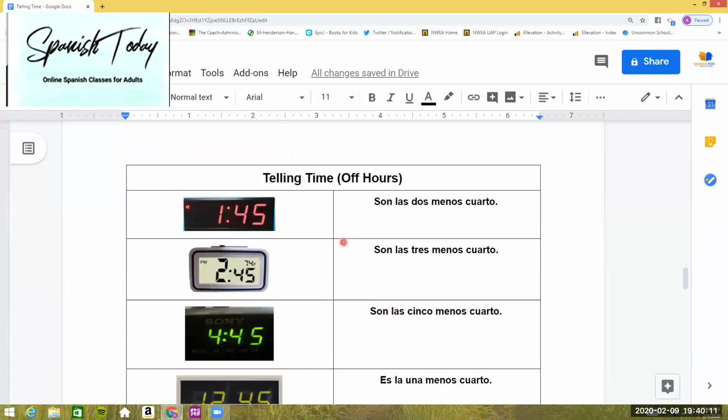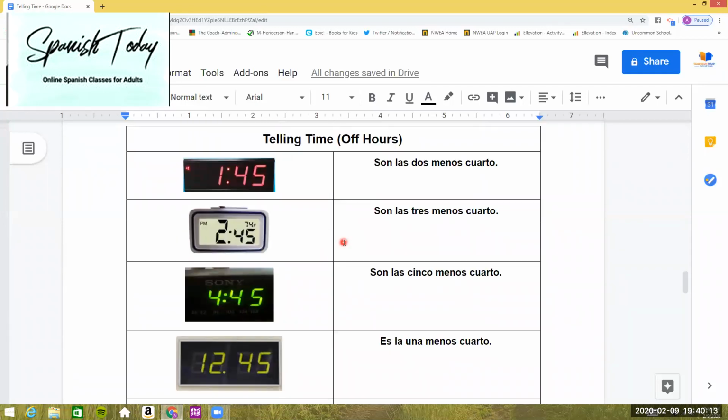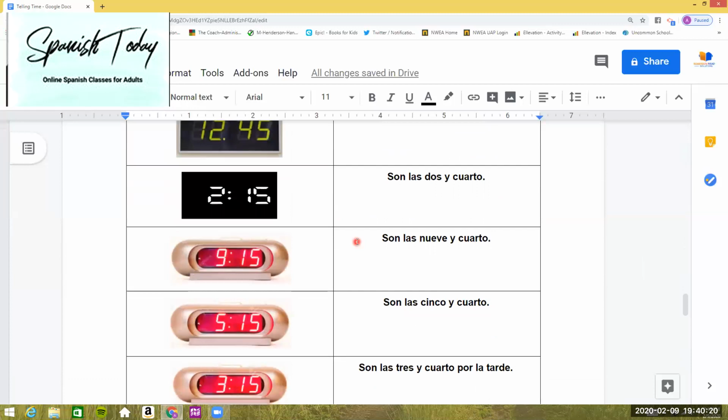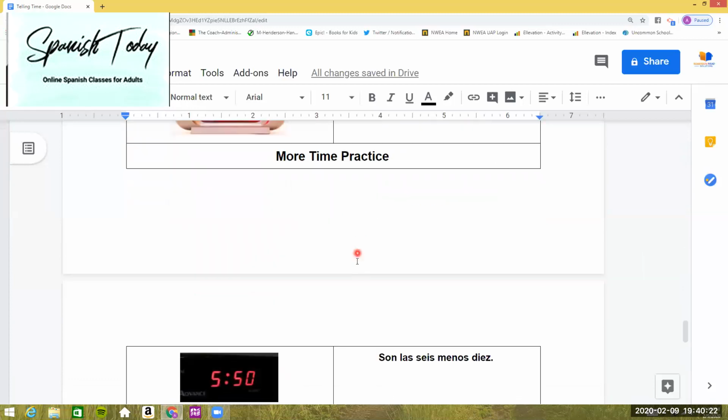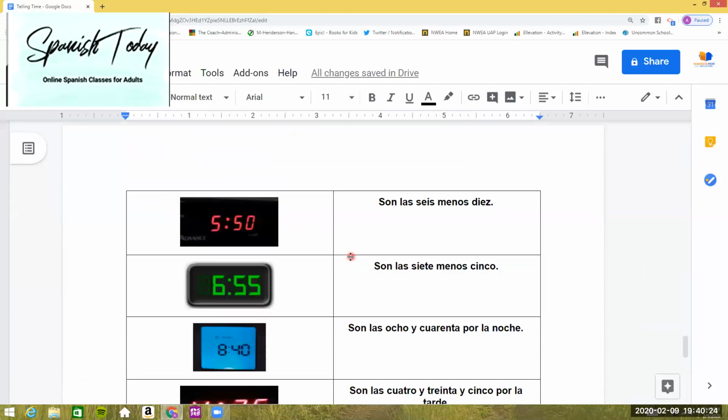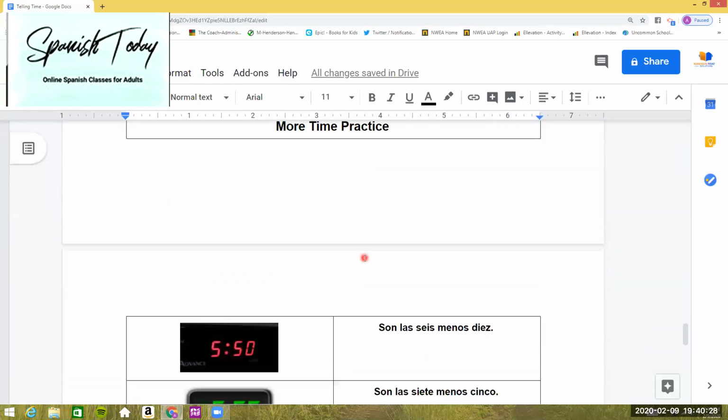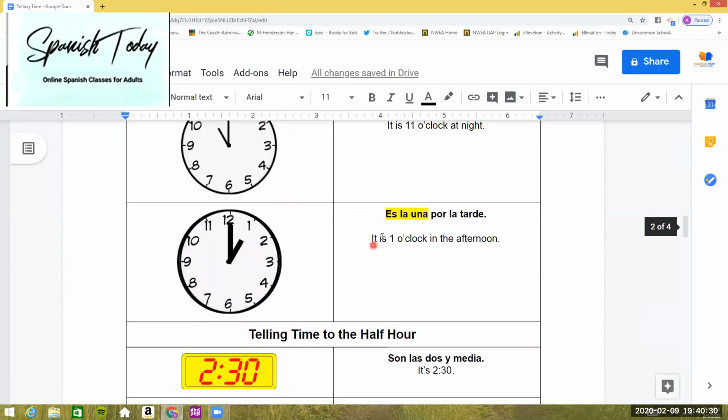Then we went into telling time to the off hours. So those quarter hours, 3/4 of an hour, and then 1/4 of an hour. And then we had a little more time practice with just those off time periods. Okay, so that is all for our lesson today.